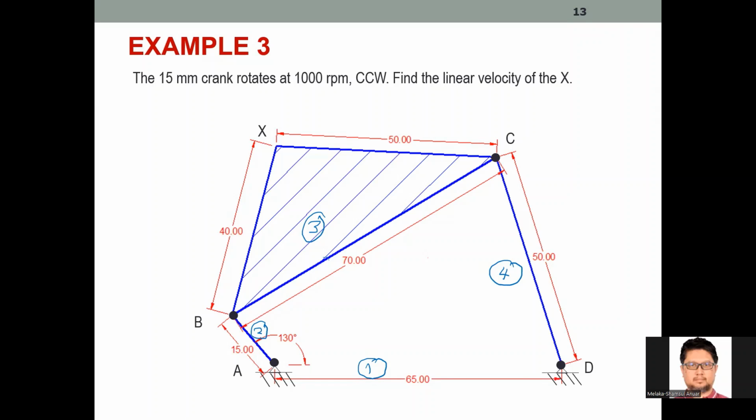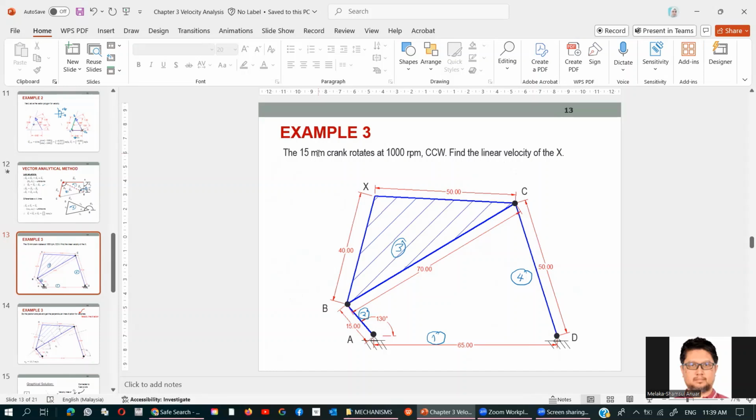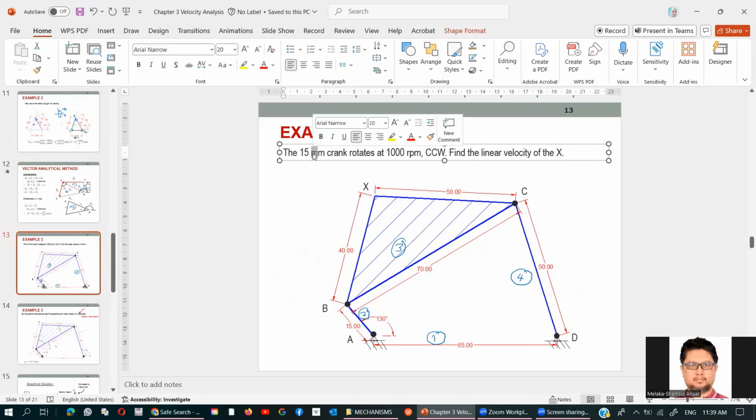And then I want to divide by 100. So it should be cm instead of mm. So let me fix that. Sorry for this mistake. So this one should be cm.